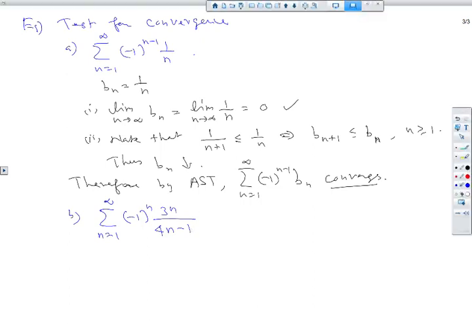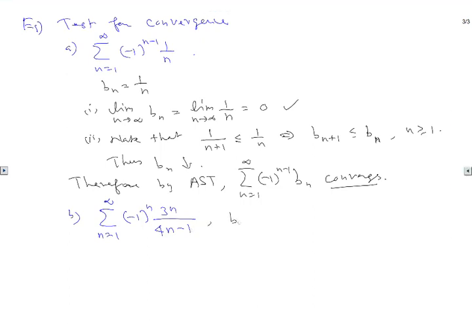So what is Bn here? In this case, Bn equals 3n over 4n minus 1. We simply ignore the sign part. That's the Bn. So let's look at what's going to happen now. Let's take the limit.